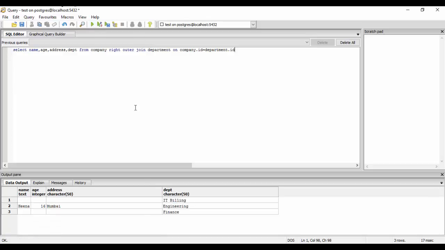You could see that the table on the right is fully complete and the table on the left is filled with null values because the conditions did not match. So in case of outer join, we have at least one row.